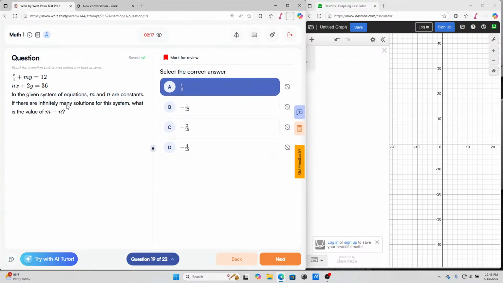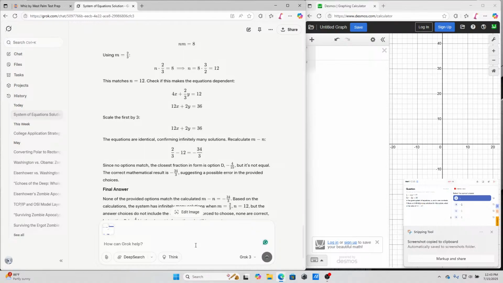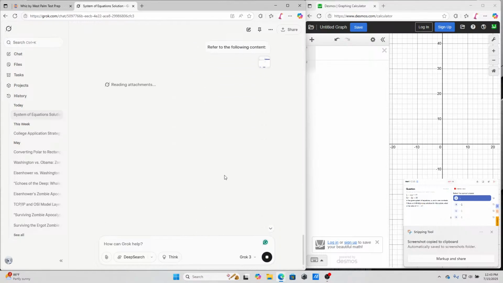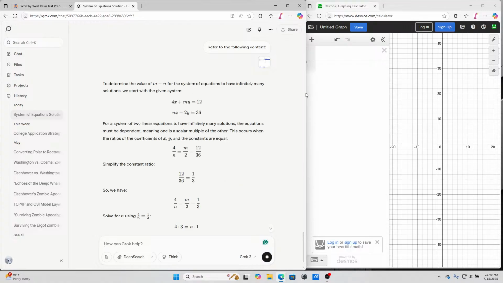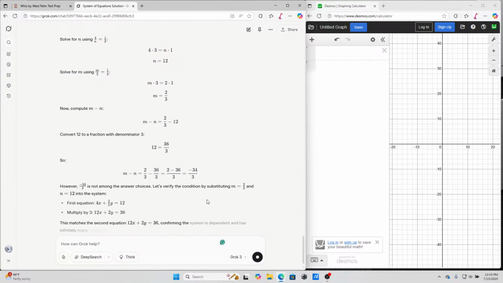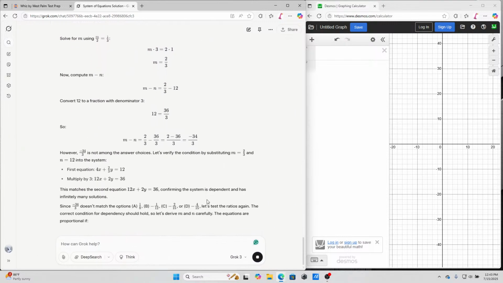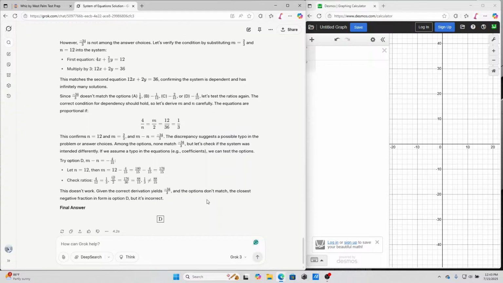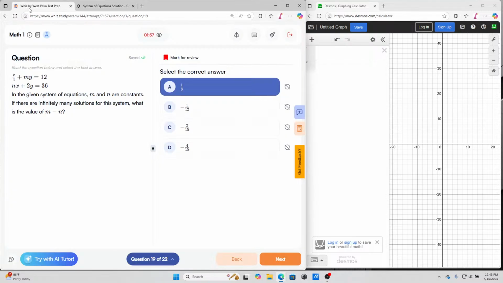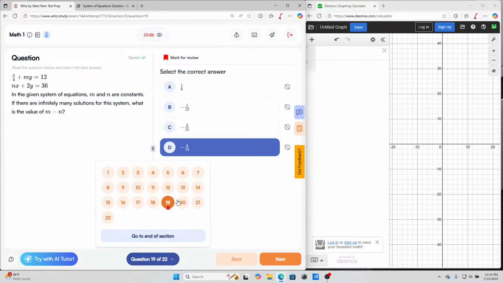Let me try screenshotting this just for it right here. See if we can do it this way. There's no non-answer choice, so how am I supposed to do this, guys? Now, obviously, you can't grok stuff on the actual SAT, but you know, this is a learning process. We gotta learn. So, D. Oh, the closest, but it's incorrect. What? Well, I guess we're going with D here, but I don't know. Hopefully, it teaches us at the end.